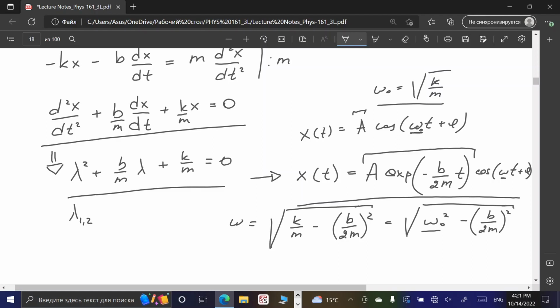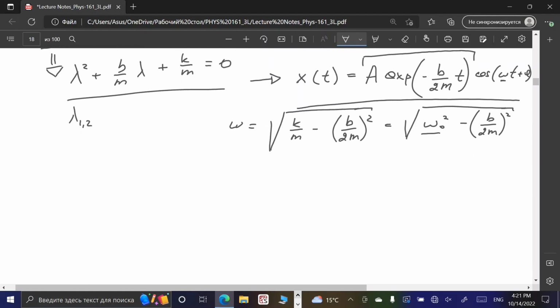So now if we want to graphically represent how it will look, we can draw x as a function of time. So this will look like this. We start from maximum displacement, which is at t equals 0.